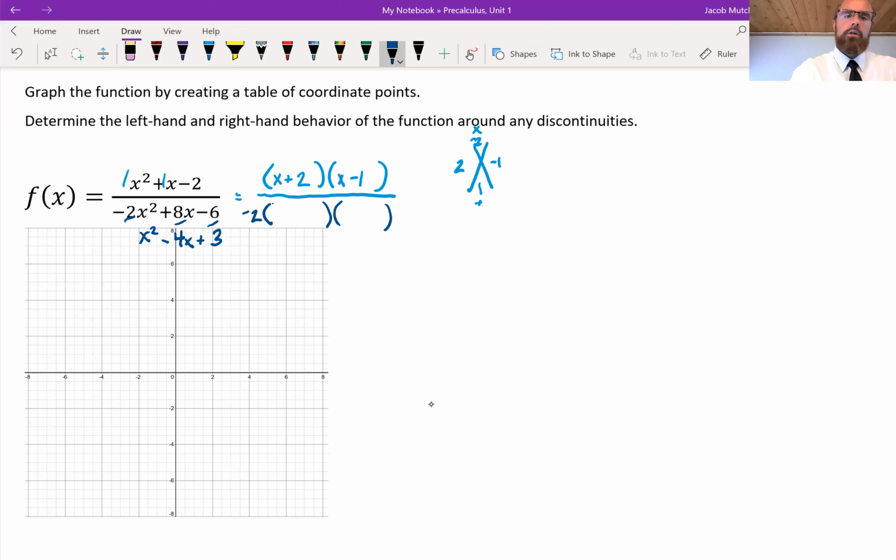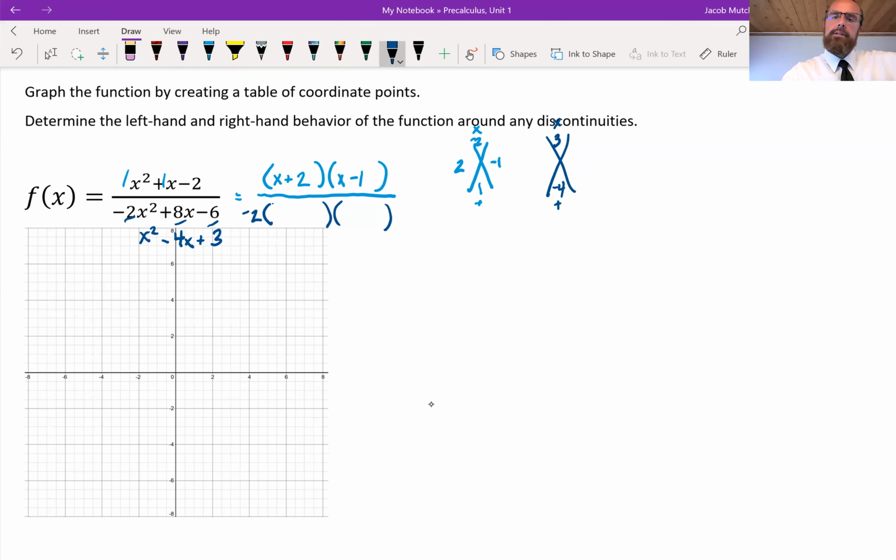Then I'm going to work on that one in dark blue for the factoring. What multiplies to +3 and adds up to -4? Two numbers that multiply to +3, add to -4.